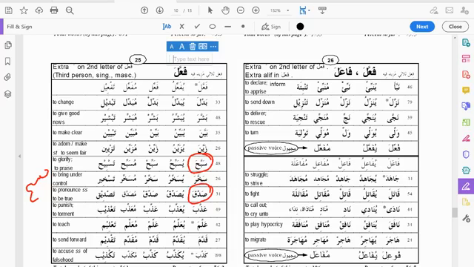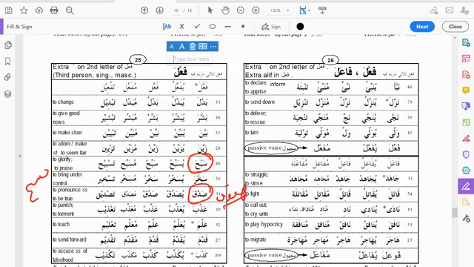All right, so here saddaqa, the actual root is sadaqa, and sadaqa means to be honest. But if you're saying saddaqa, now you're adding another part to it, which is that the person had trusted. All right, so just by adding the shadda onto the root sadaqa, the person was honest, but saddaqa means trusted, because they thought that they were honest.